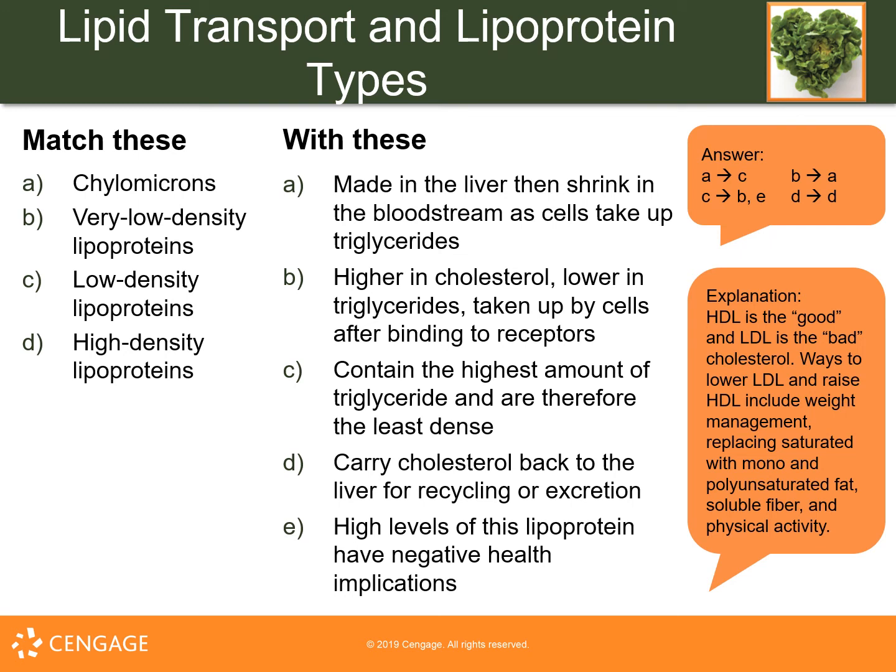C, LDL or low density lipoprotein matches with B, higher in cholesterol, lower in triglycerides, taken up by cells after binding to receptors, as well as E, high levels of this lipoprotein have negative health implications. And lastly, D, high density lipoproteins or HDL match with D, carry cholesterol back to the liver for recycling or excretion.